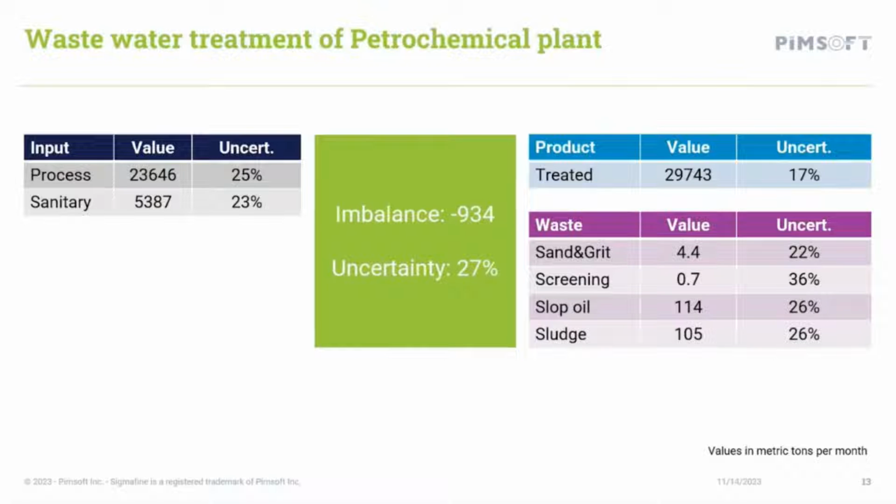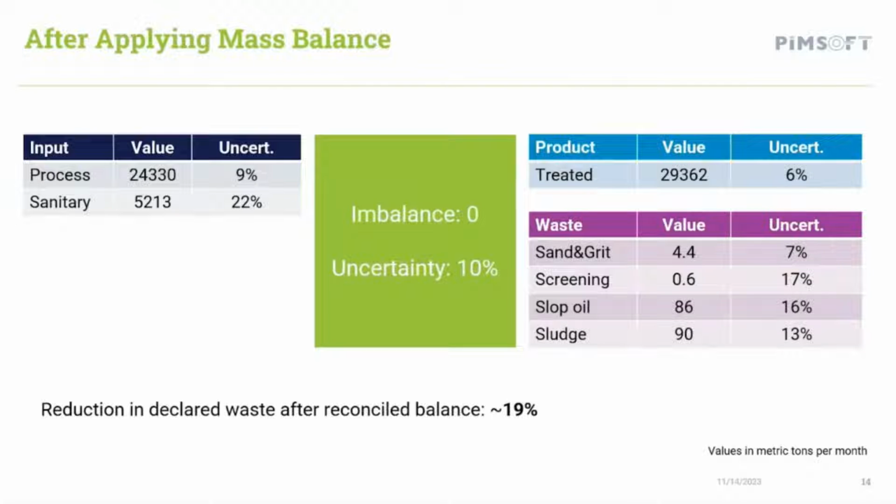Here we are only showing the value in mass, but in the MFCA framework, also cash equivalents are reported. Once we apply the mass balance and the error is minimized, we can compare the reconciled figures with respect to the raw data.